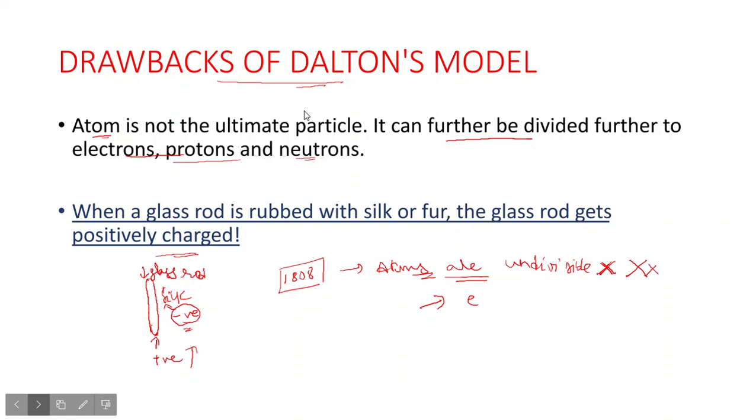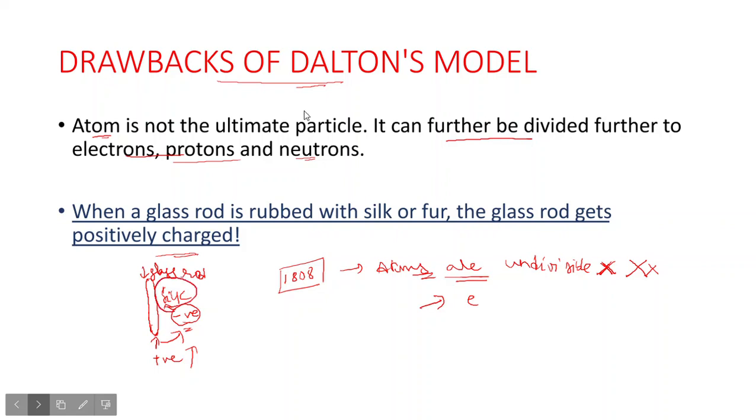This is because there is a flow of electrons from the glass rod to the silk. When silk is rubbed with the glass rod, the electrons in the glass rod move from the glass rod to the silk.